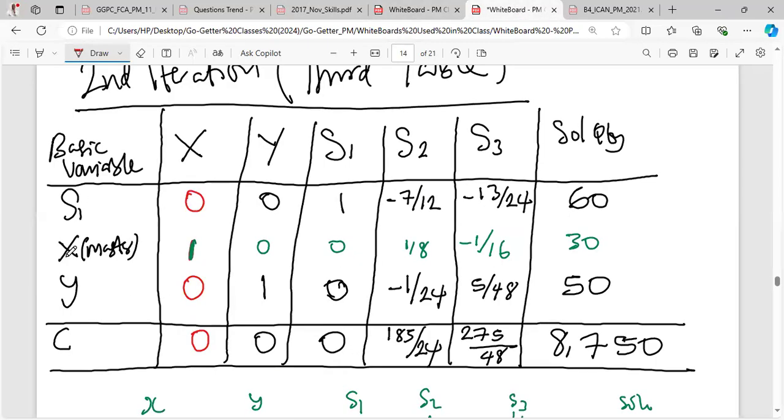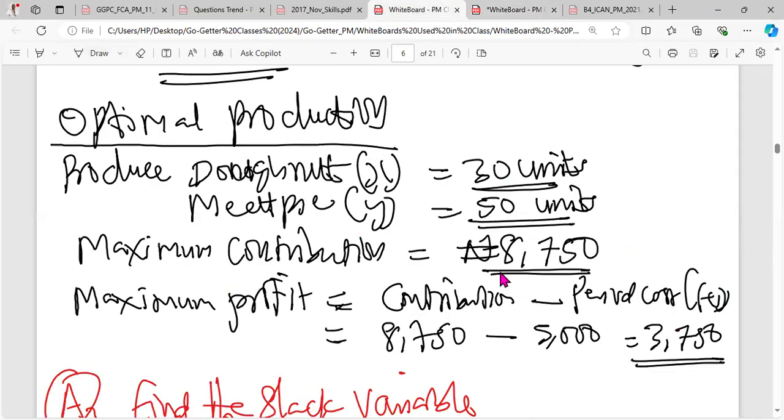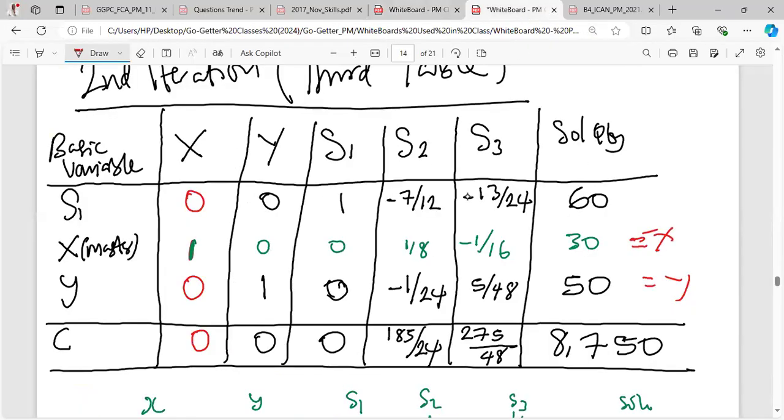So your X here is 30, and your Y is 50. So you've got your optimal solution here. And we said our maximum contribution is 8,750. You can see it here. Maximum contribution here is 8,750.